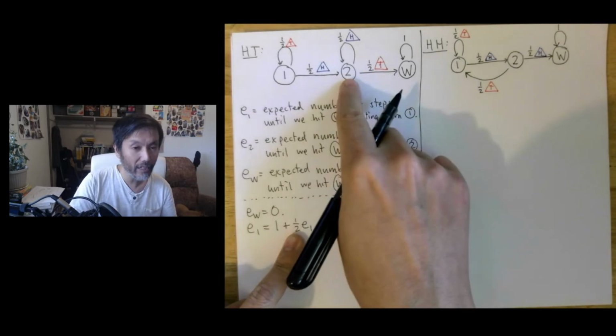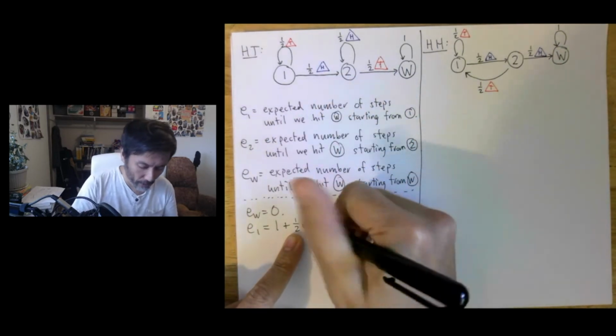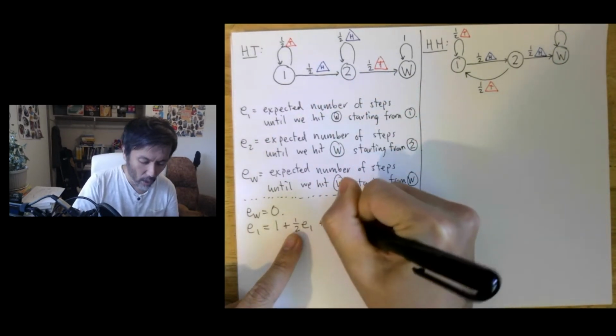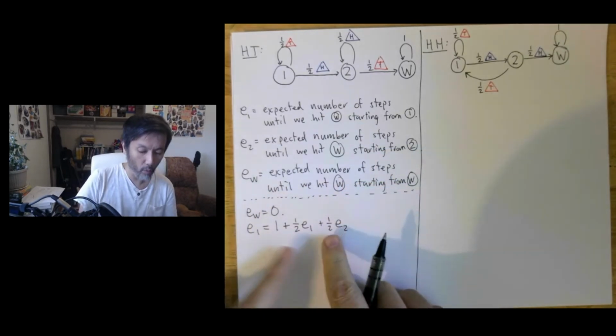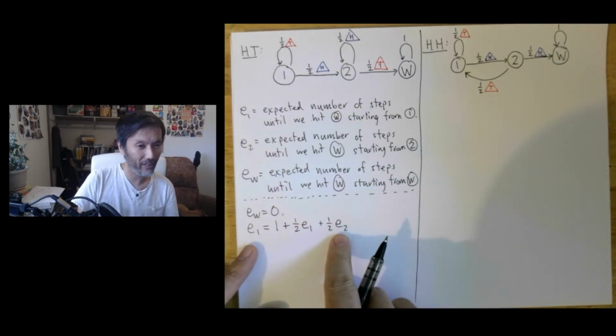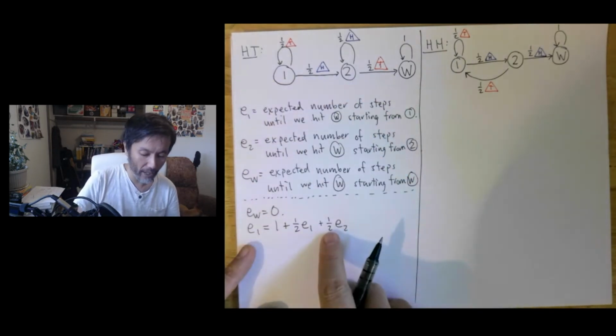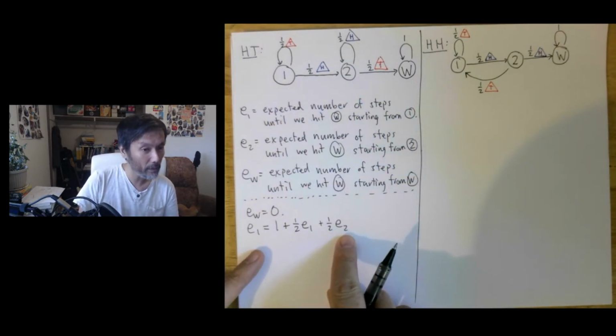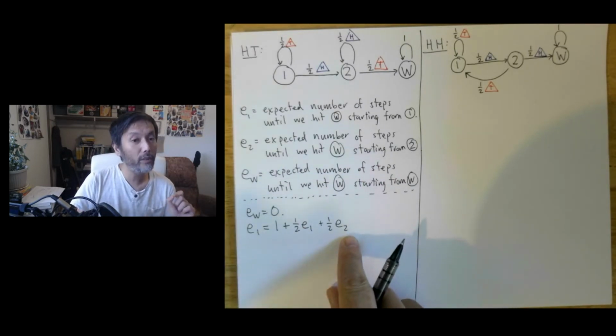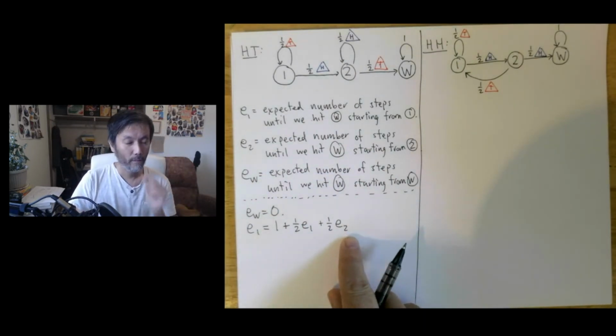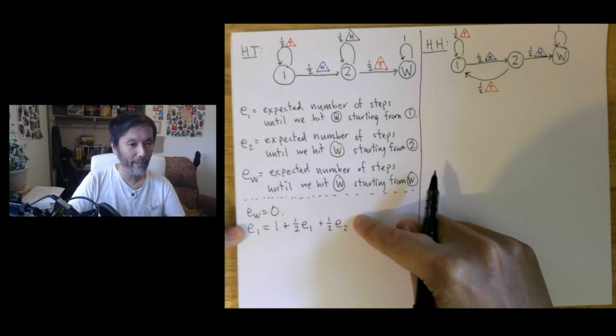And the chance that we land in state 2, well, that's going to be represented by the fact that 1/2 the time we're going to land in state 2. So the additional number of steps to get into W is going to be represented by 1/2 the expected number of steps to get into W starting from state 2. So hopefully this equation here makes sense.